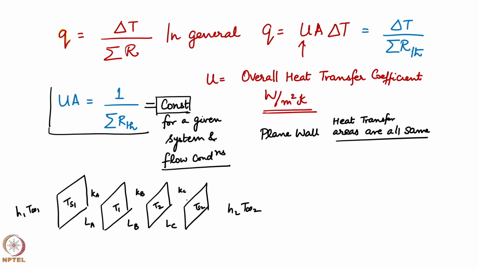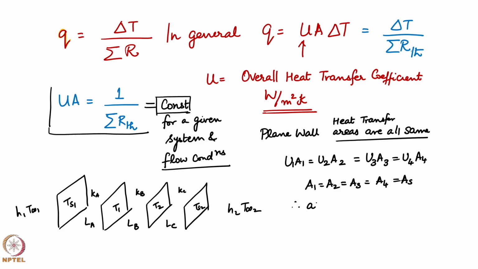In a plane wall, whether I call it U1A1 is equal to U2A2 is equal to U3A3 is equal to U4A4, A1 is equal to A2 is equal to A3 is equal to A4 is nothing but AS. Therefore, all U values are same.